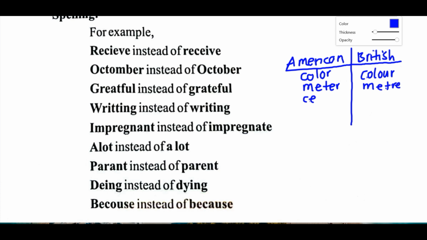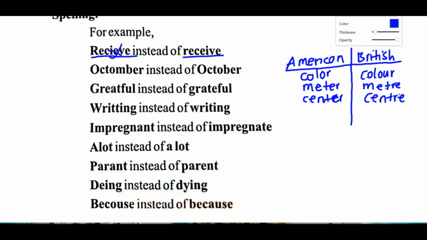We have center. The British is this one. So these are examples. You need to be careful about the people that you imitate in case that person is from America. So we have the first one, receive. So the correct one is E comes before I. So the correct one is this one.